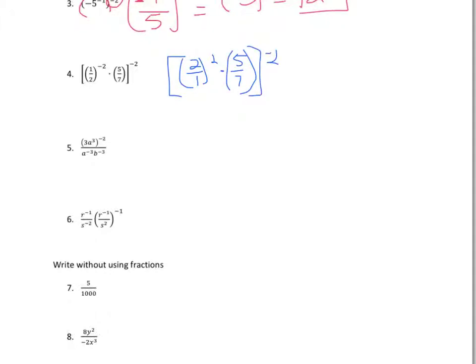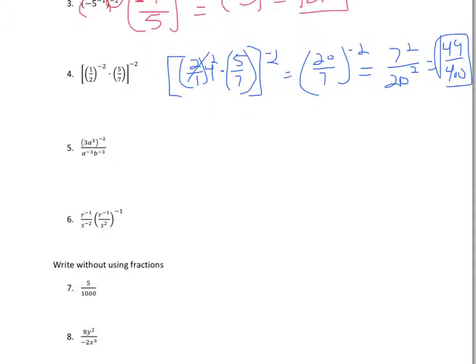So we have to square this, and it's going to be 4. Then multiply the 4 times the 5/7. You're going to get 20 over 7. That whole thing to the negative 2 power. So you need to flip it upside down and square both. So it's going to be 7 squared over 20 squared, which is 49 over 400.